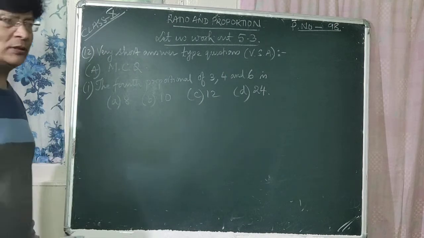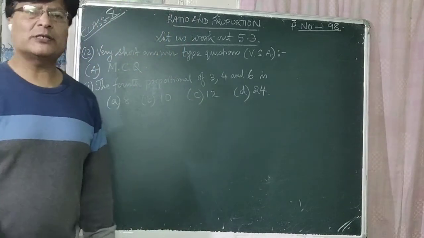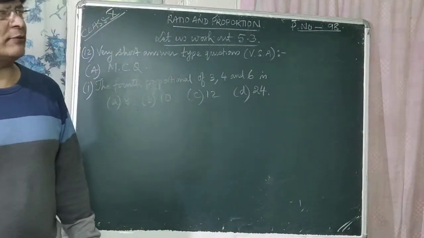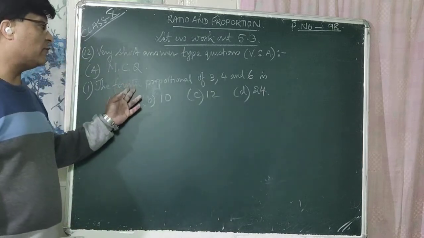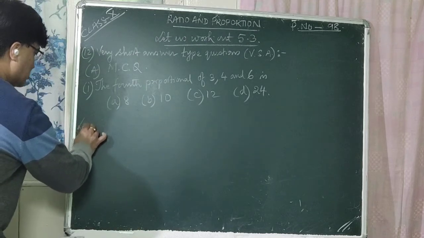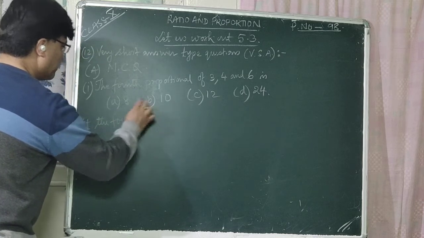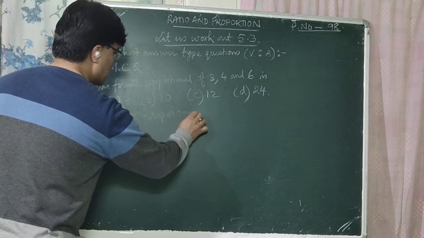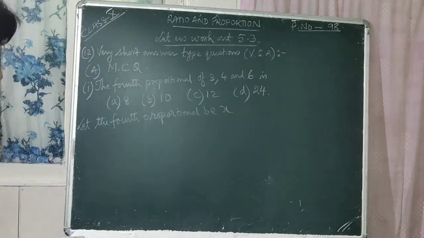So I told you about the fourth proportional in the previous class. That is, if 4 numbers are given, that is A, B, C and D, and they are in proportion, then you can write A is to B is equal to C is to D. So here you have to find out the fourth proportional of 3, 4 and 6. Let us do the solution now. Let the fourth proportional be x.